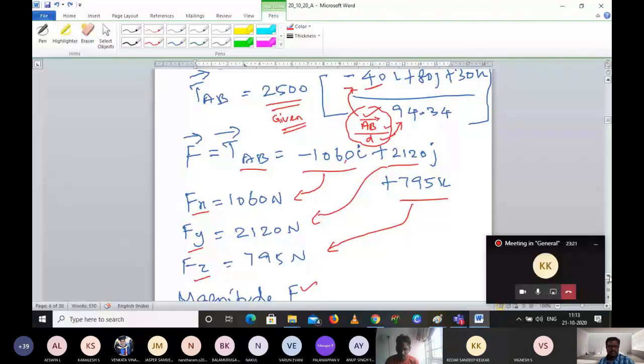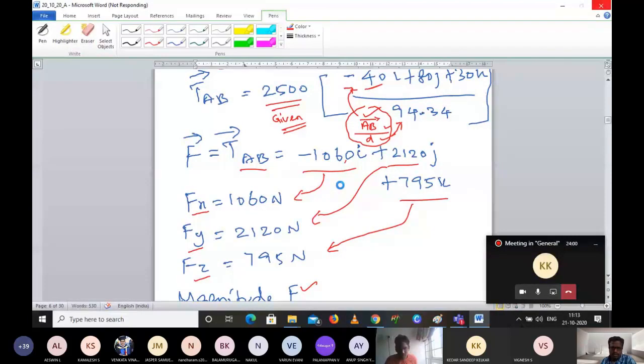And one more very important thing: after calculating the force vector, they ask for the details of the pin. Then you got Fx, Fy and Fz. Am I right? Whether these values are correct? Yes, sir. So minus 1060 along the x direction, 2120 along the y direction, and 795 along the z direction.